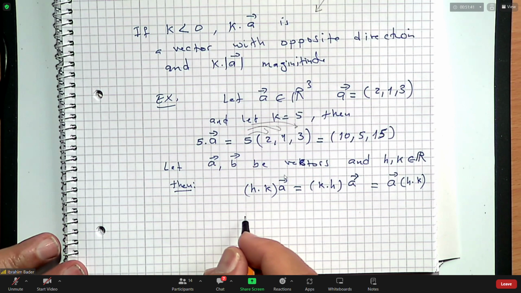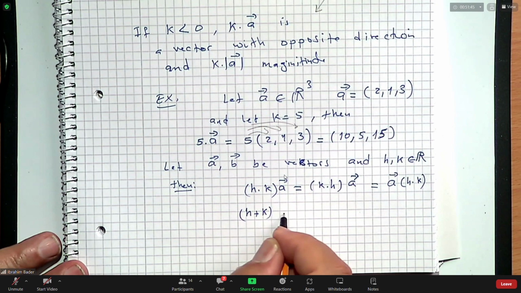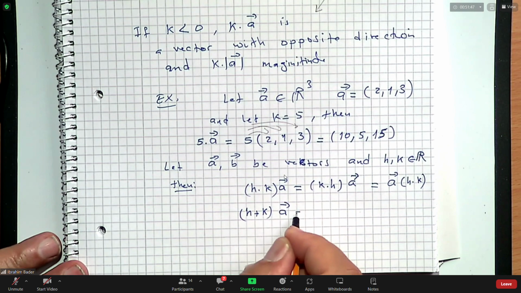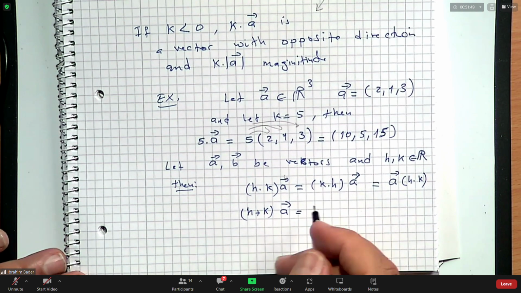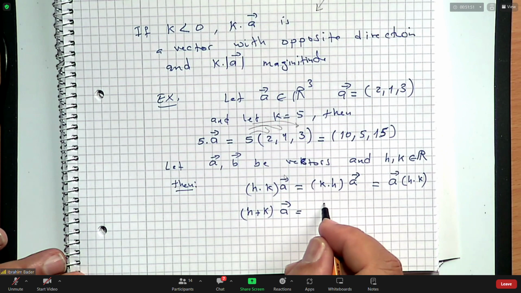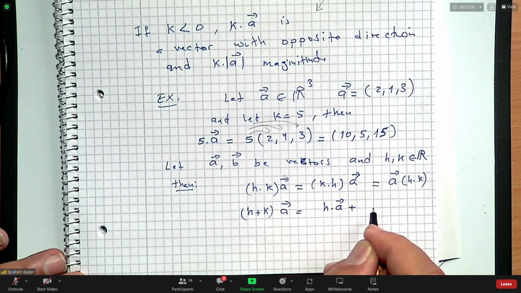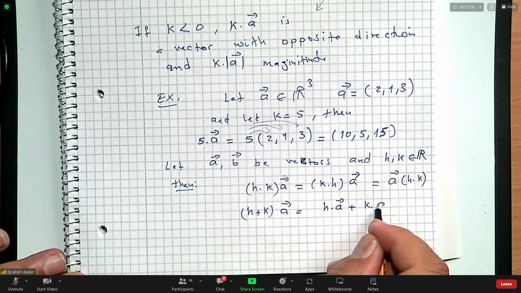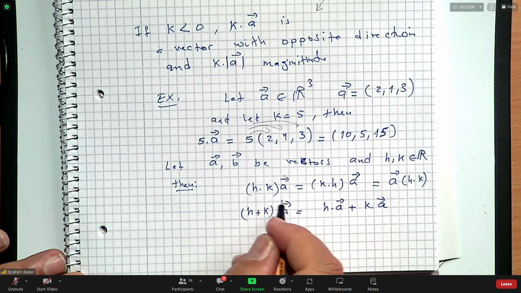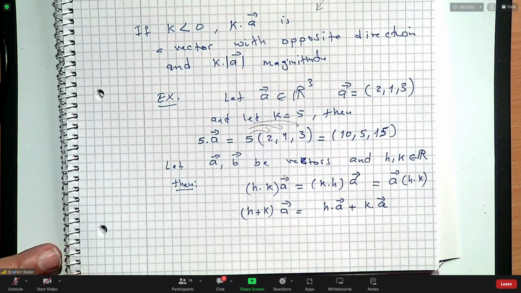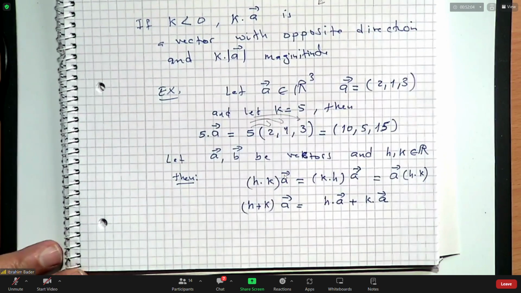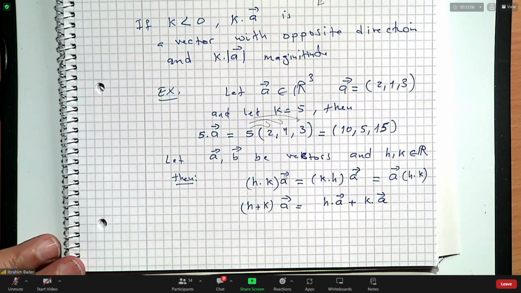Now what if I have here H plus K and then I multiply it with A? In this case, it means I'm expanding A. So here this is equal to H multiplied by A plus K multiplied by A. So it's just I'm expanding from the left A to both constants there.